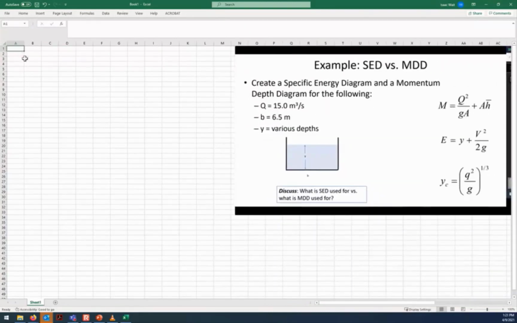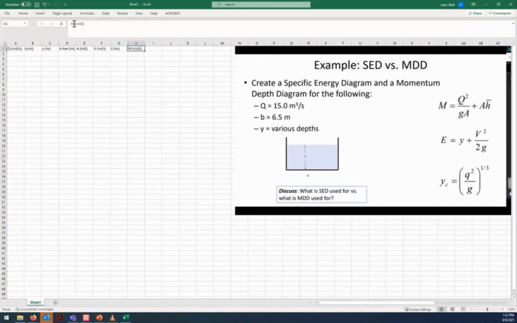All right, so what I'm going to have in here is the flow rate. I'm going to have a column with the width of the rectangular channel, the flow depth associated with whatever row we're on, H bar, the cross-sectional area of the channel, the velocity of flow, the specific energy, and the momentum function, which has units of meters cubed.